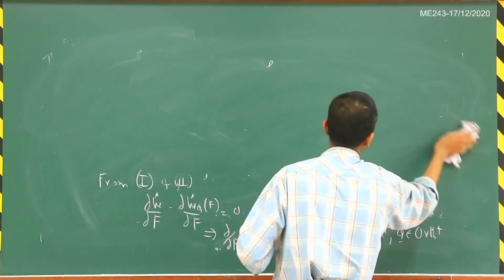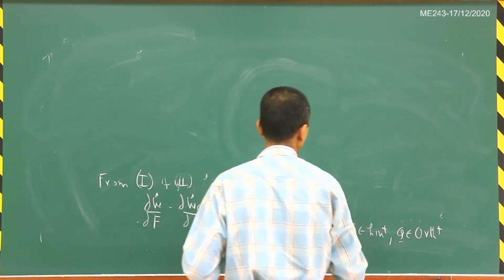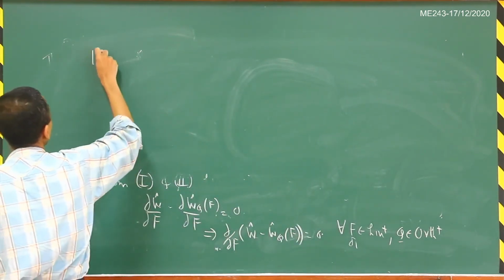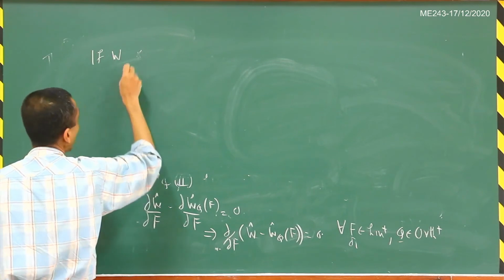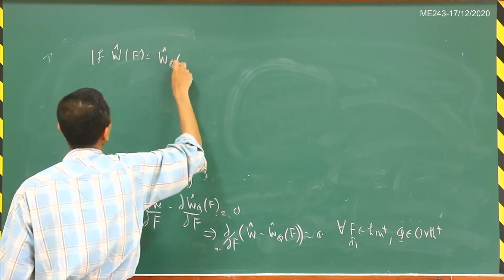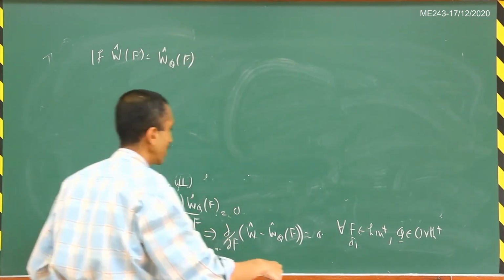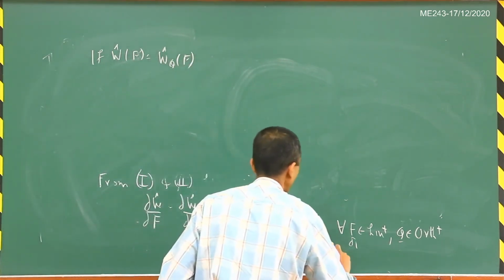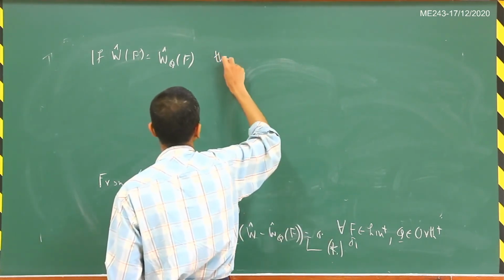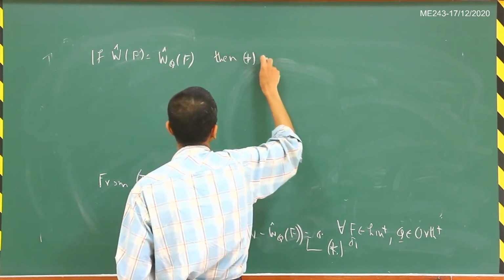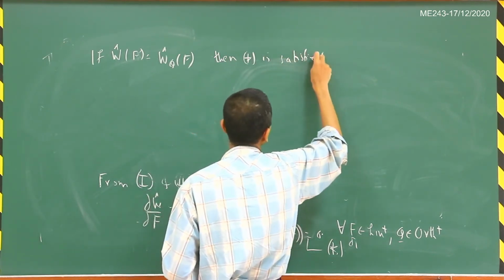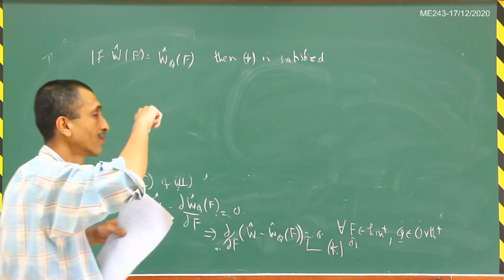If W hat of F is equal to W hat of Q of F, let us call this star. Then star is satisfied, and so then the material frame indifference is also satisfied.